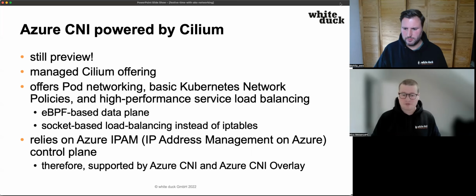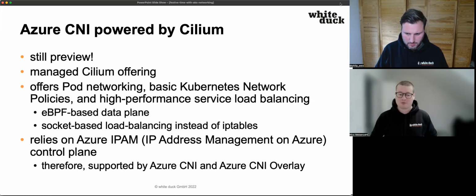As I said, all the routing, all the communication is done by eBPF, and also the load balancing internally is done with socket-based connections instead of iptables routing here. Still, the Cilium implementation is based on the control plane we already talked about. So we still have the Azure IP address management, which connects the Cilium installation with the Azure virtual network world here.